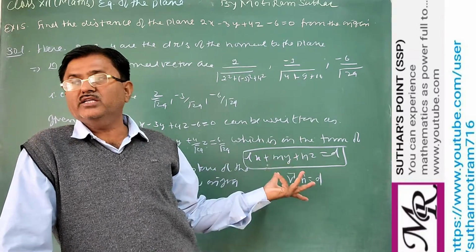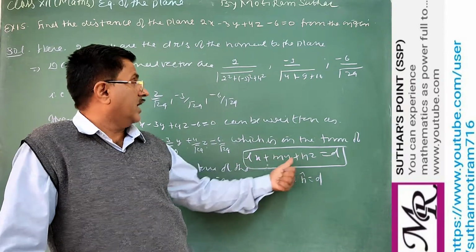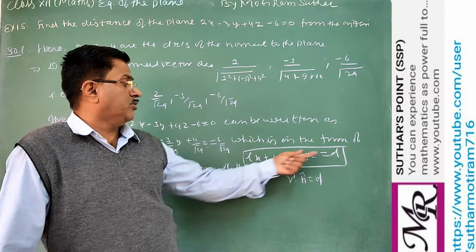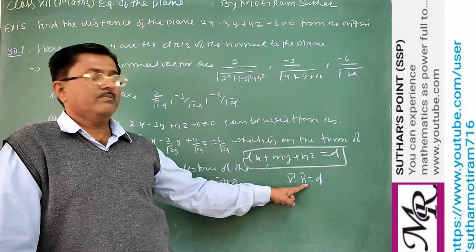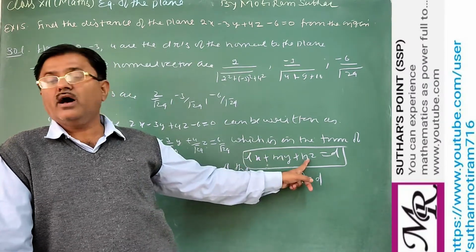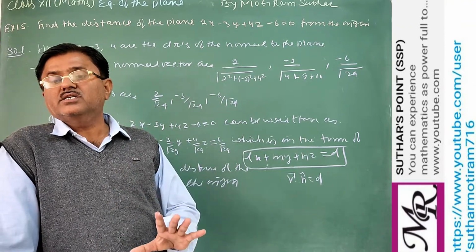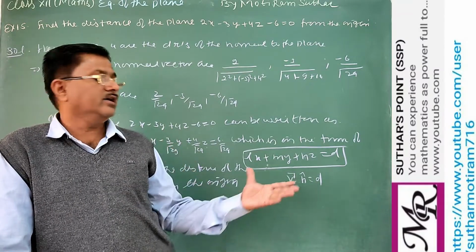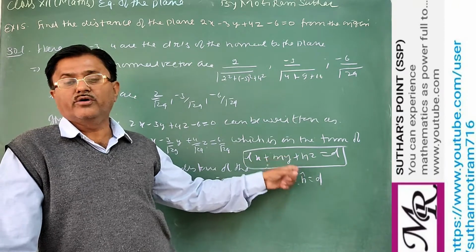Similarly, as in the previous example, to find the direction cosines we also write it in Cartesian form like this, or in vector form like this, because n cap gives you the direction cosines, or l, m, n. So to find the direction cosines or the distance from the origin, you always have to check whether the given plane equation is in this form or not.